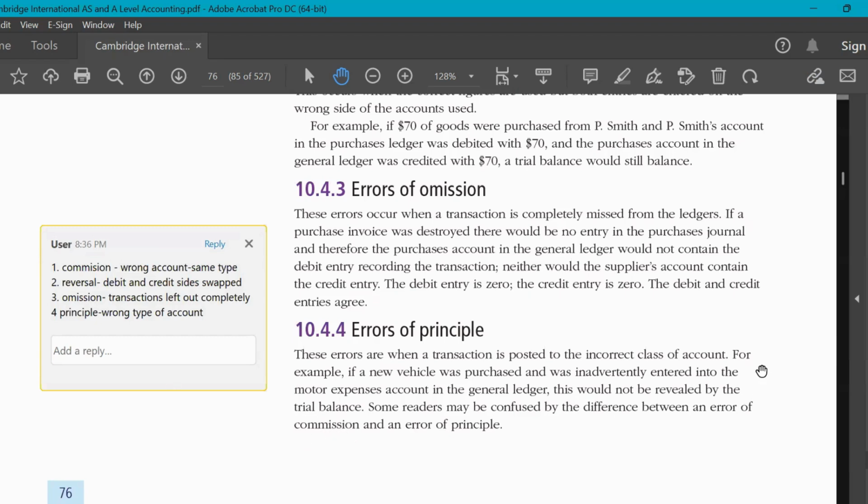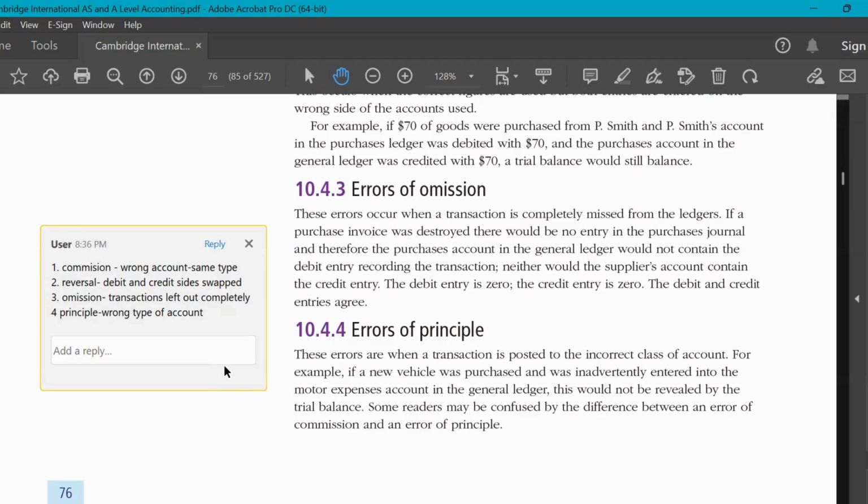So in a nutshell, errors of principle is the transaction is posted to the wrong class, like the wrong type of account. So again, buying the example, you have bought an asset, but you record it to the expense. So that's your error of principle.